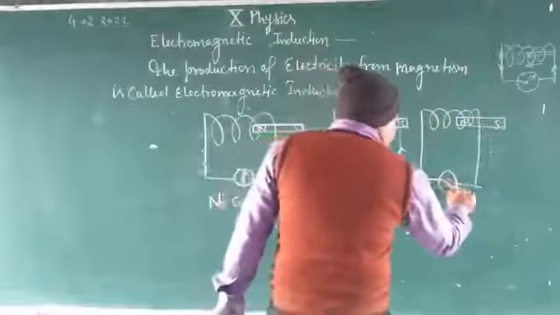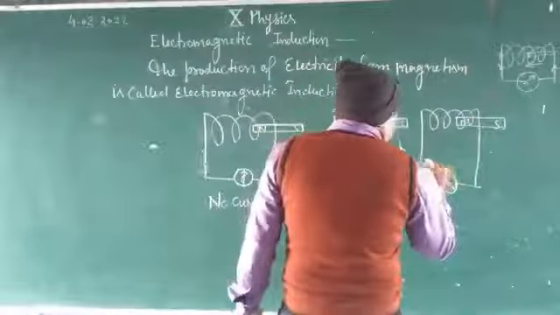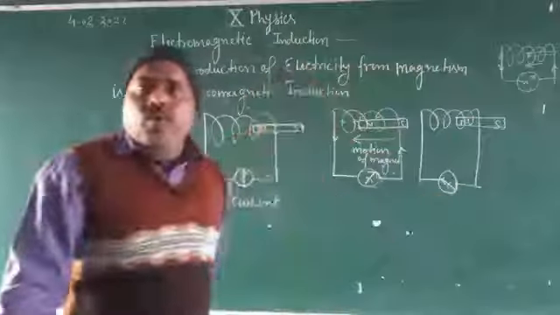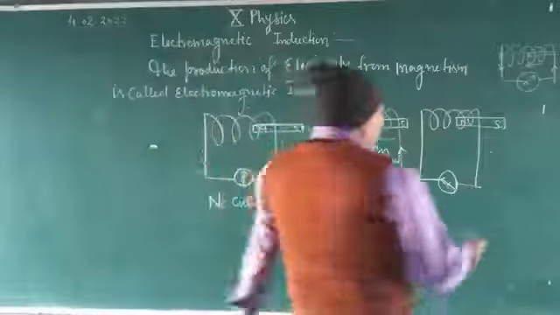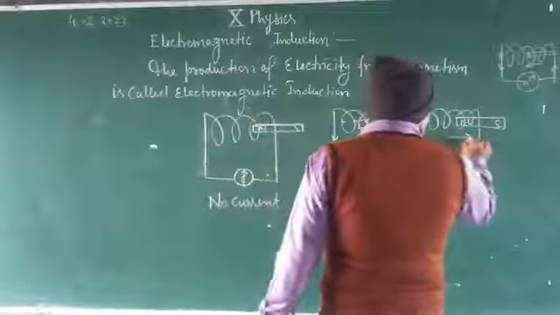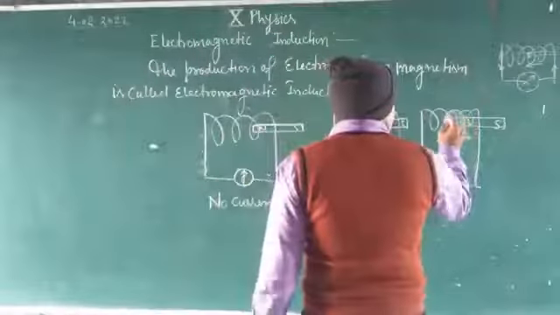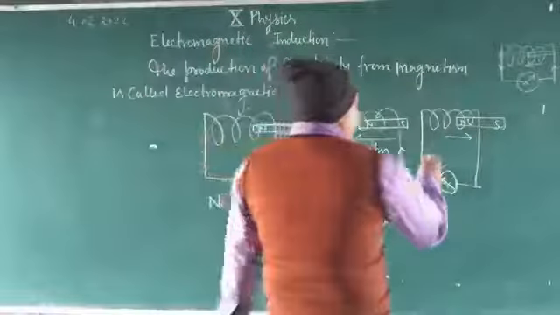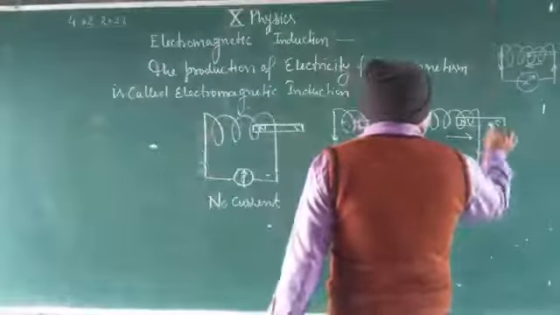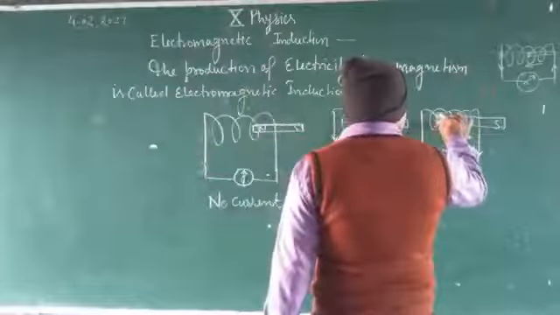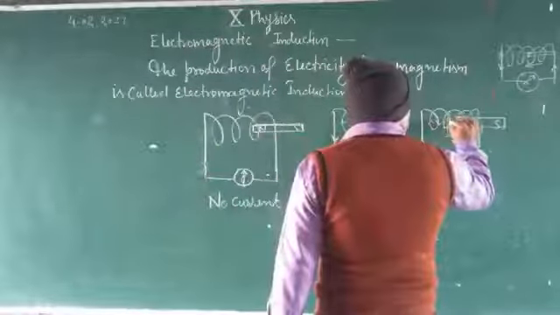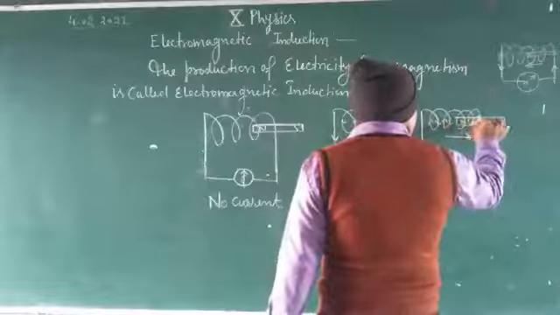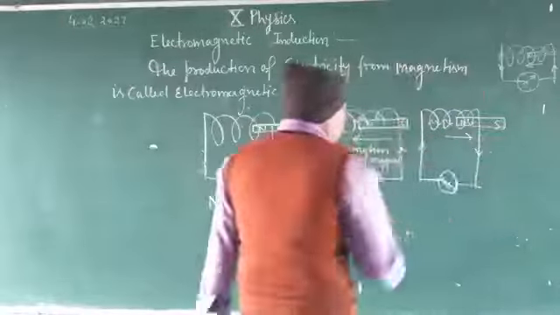Now the deflection seen in the galvanometer is just opposite, like here, the reverse. This is the direction of the magnet, and now here the direction of current is changed.